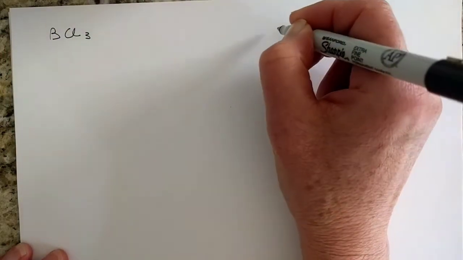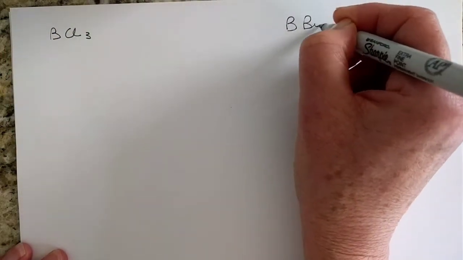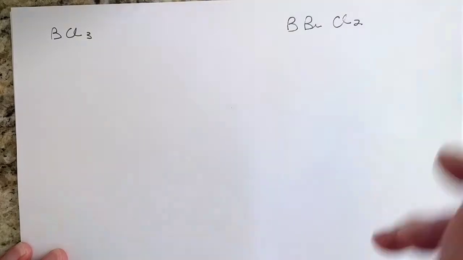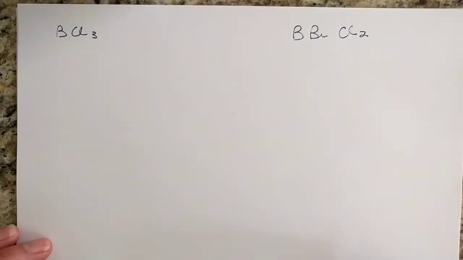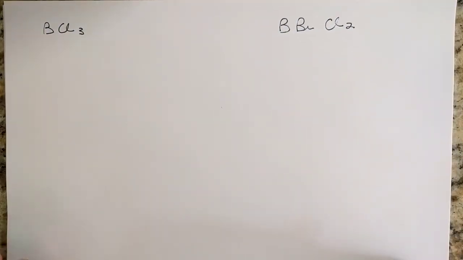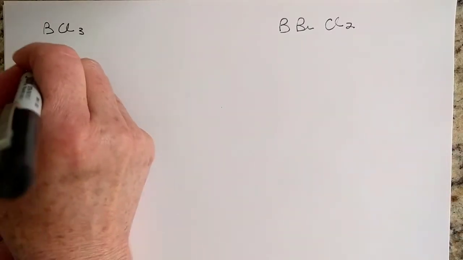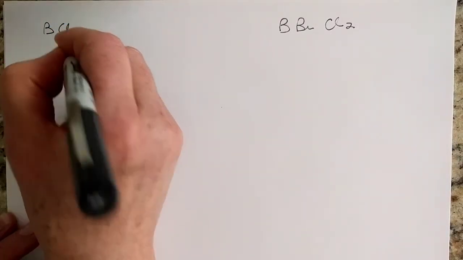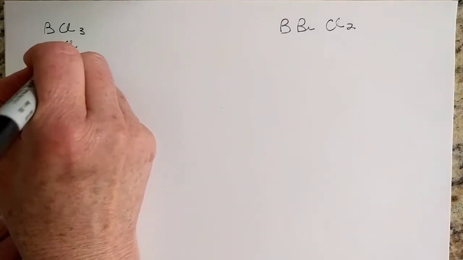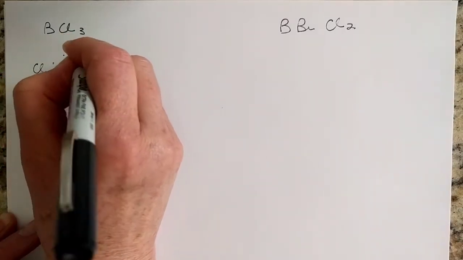Okay, let's look at another example of this, and we will look at BCl3 and BBrCl2. So first we do our Lewis structure. We count up our valence electrons. We have 24. We put boron in the middle, chlorines around, and put in those 24 electrons.